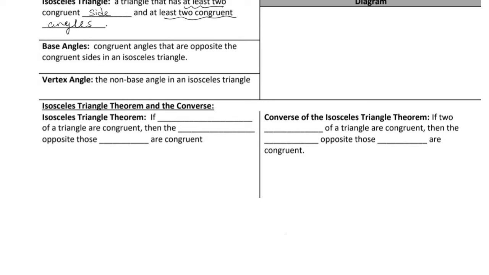So if we look at our diagram, we have our two base angles right here that are congruent. So this is a base angle, and this is a base angle.